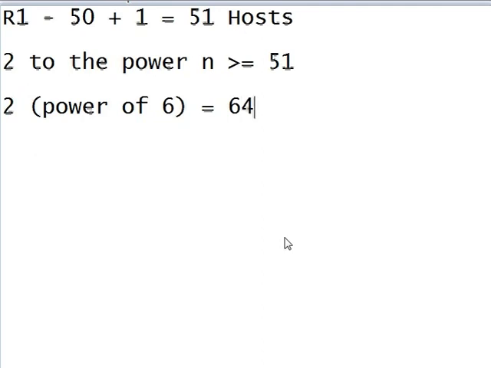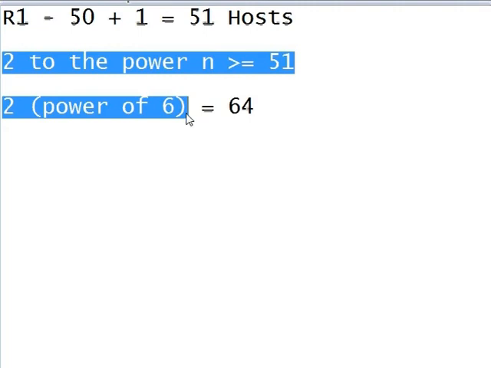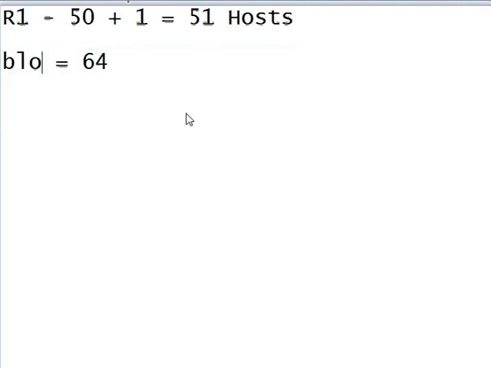If 2 to the power n is greater than or equal to 51, it has to be 64. It cannot be less. If it is 32, then we cannot take it. So in this case the block size is actually 64.